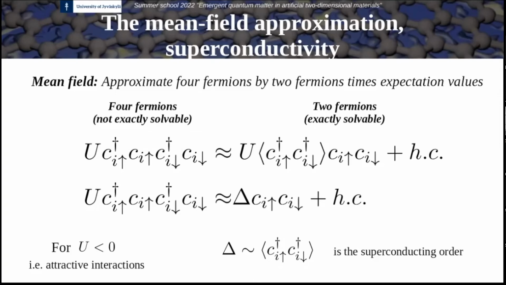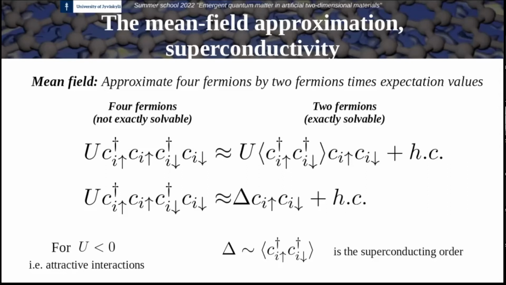All right, but for the case of superconductivity, the only combination that matters is the combination that has either 2 creation operators or 2 annihilation operators. So if you take U smaller than 0 and you solve this problem self-consistently, namely you start with an electronic structure, you compute the expectation values, these expectation values define a new Hamiltonian, you compute again your ground states, then you compute the expectation values, these expectation values define a new Hamiltonian and so forth, and do this in a self-consistent way.